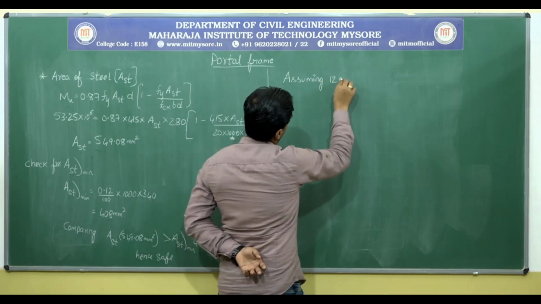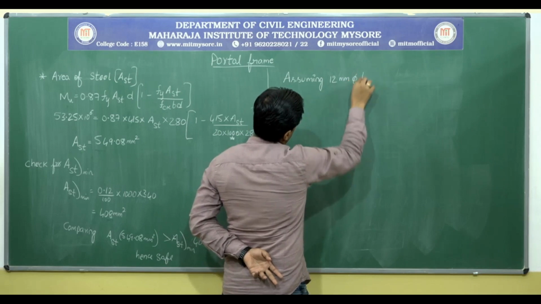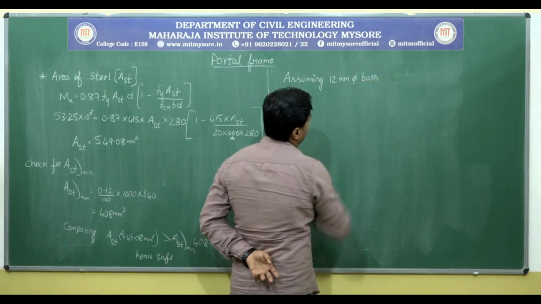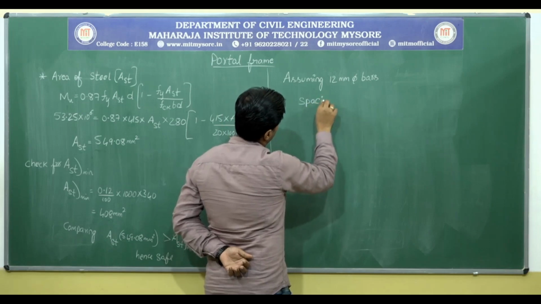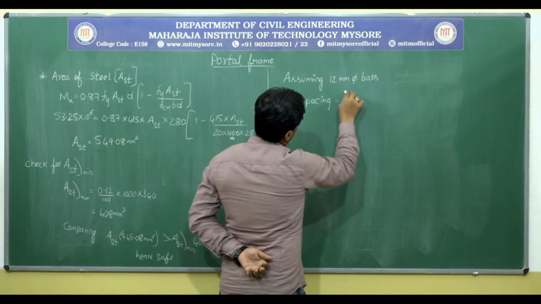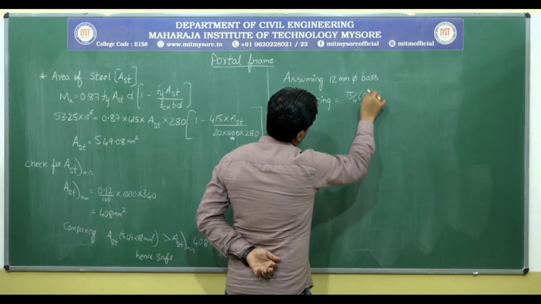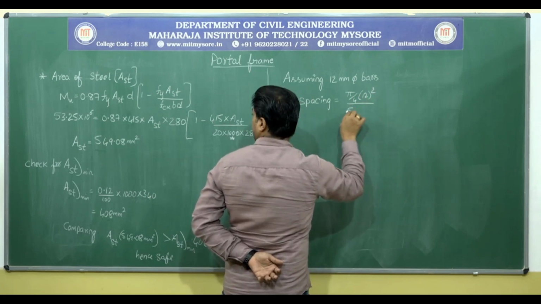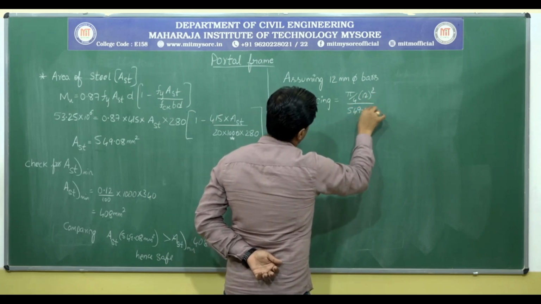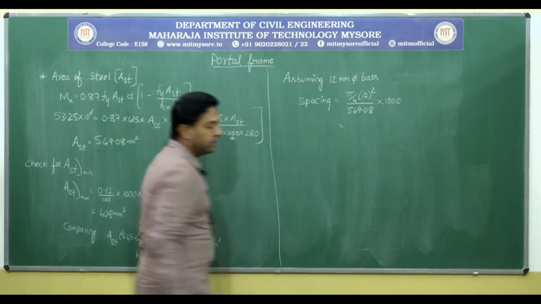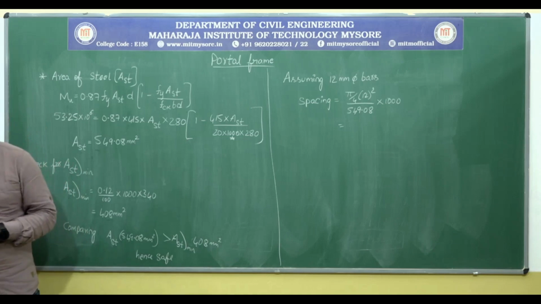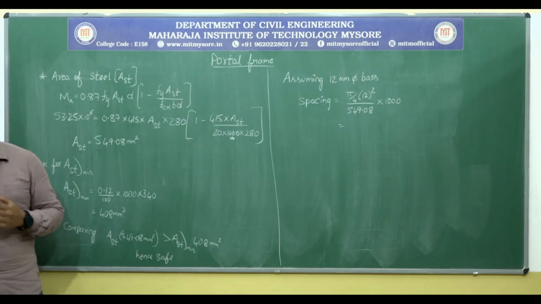Assuming 12 mm dia bars, spacing is equal to pi by 4 into 12 square divided by 549.08 into 1000. So the value that we are getting here is 205.97.